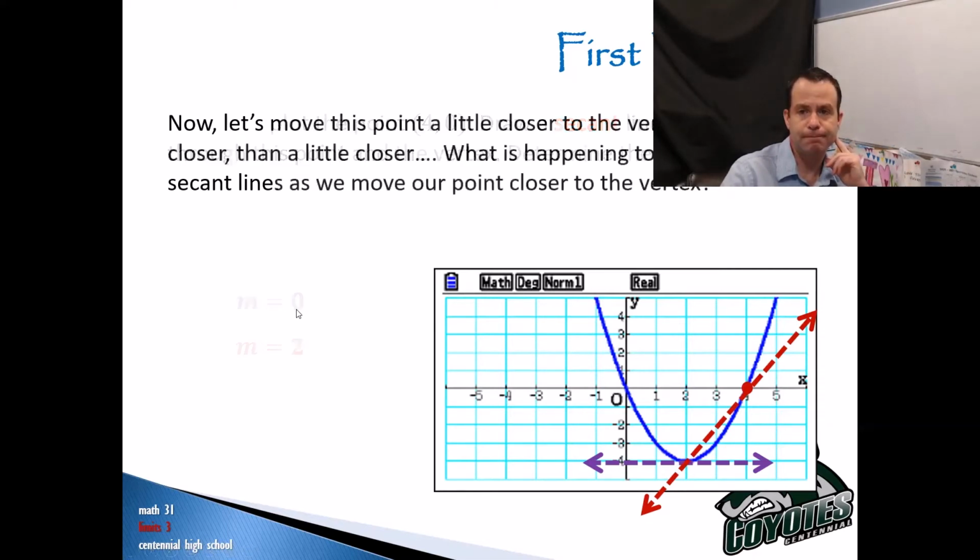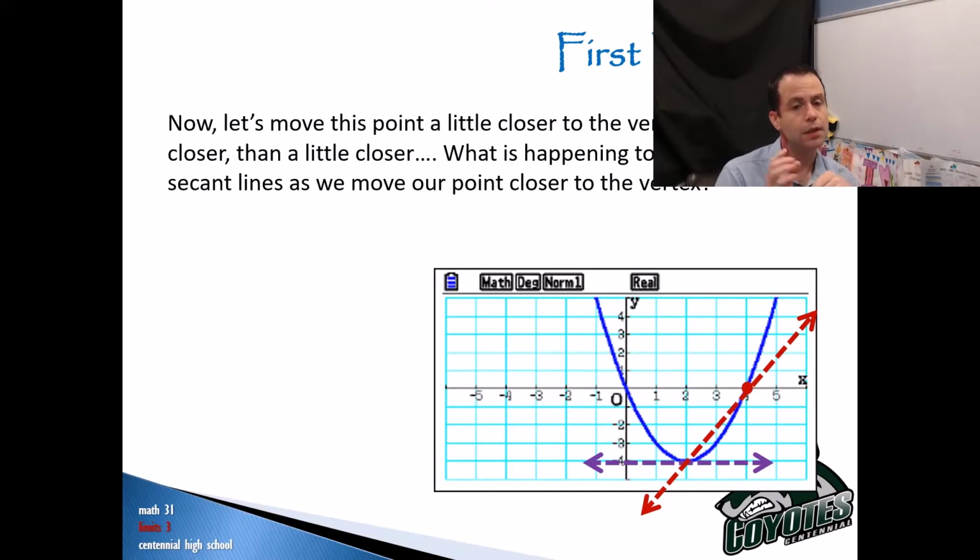Now we're going to move this point a little closer to the vertex, and then a little closer, and then a little closer, and then a little closer. What is happening to the slope of the secant lines as we move our point closer to the vertex? What I want you to say is the slope of the secant line will approach the slope of the tangent line.